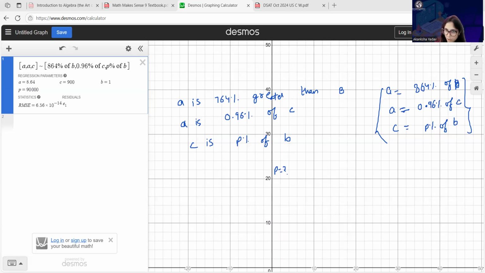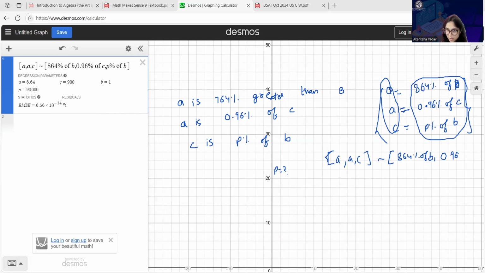Now what I'm doing is collecting all the left sides on one side. So I'm just writing A, comma, A, comma, C. And then instead of equal to, I'm writing equivalent. And I'm collecting all the right sides onto one side. So I'm just writing 864% of B, comma 0.96% of C, comma P% of B. That's it. You'll get all the values.